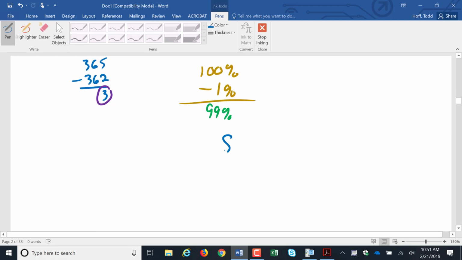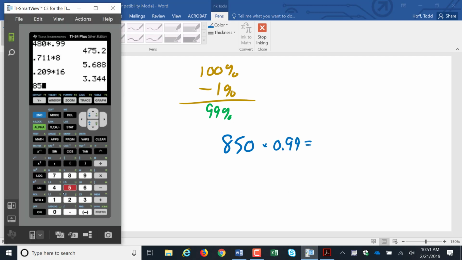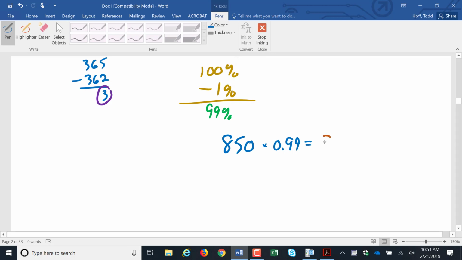So we're going to take that $850 times 0.99 to get the amount paid after discount, which is going to give us $841.50.